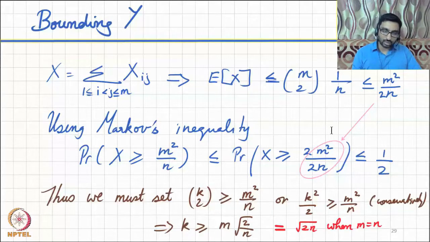So it's worse. It's no longer logarithmic. It's proportional to the square root of n. But we were able to get this result using a hash function drawn uniformly at random from a two universal family of hash functions. So it's in that sense very general in its application.